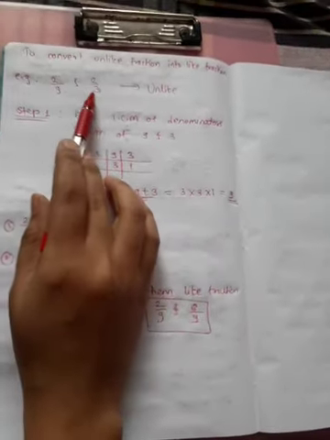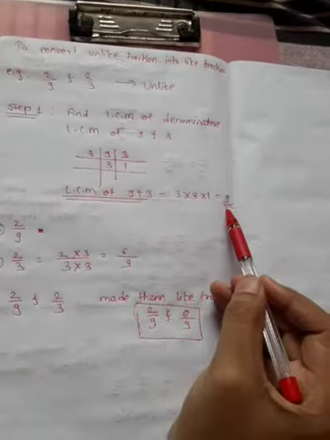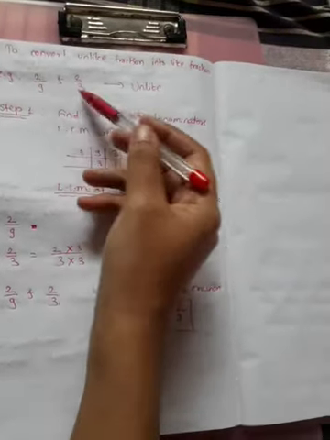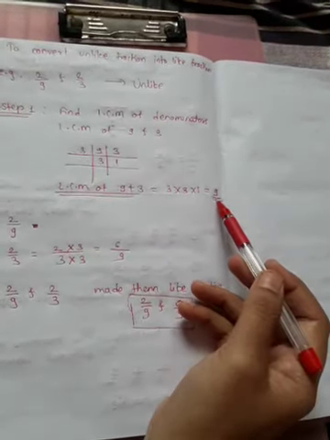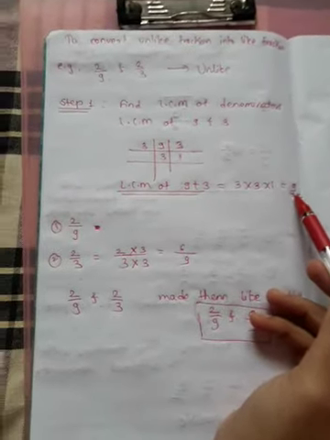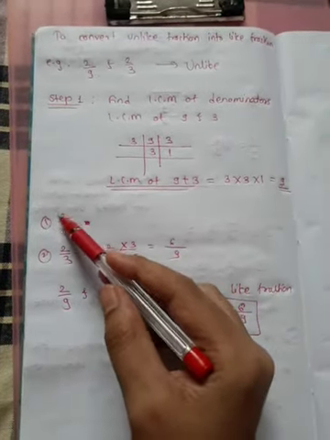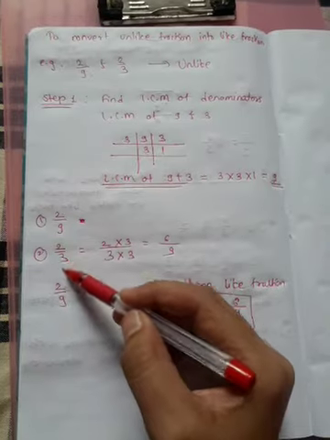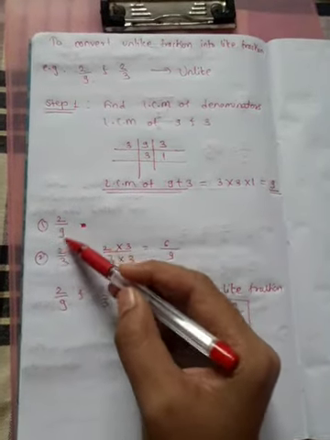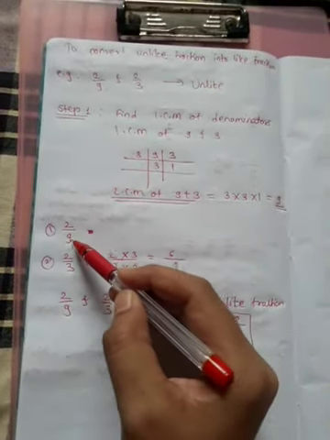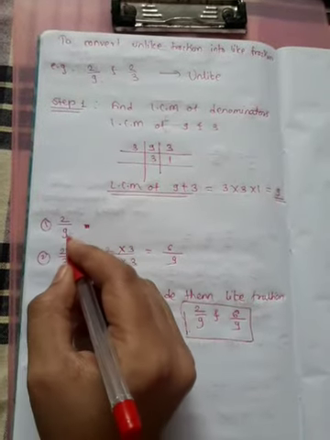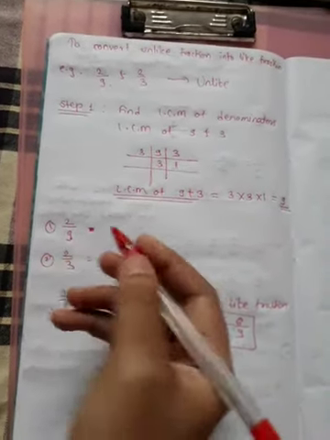First find the LCM of the denominators and make their denominators equal. Here we got the LCM as 9, so we make the denominator of the first fraction 9 and of the second fraction also 9. In the first fraction the denominator is already 9, so we can't use any operation.